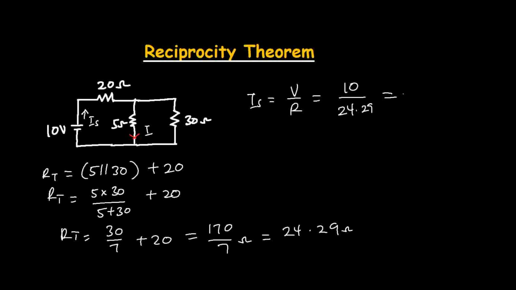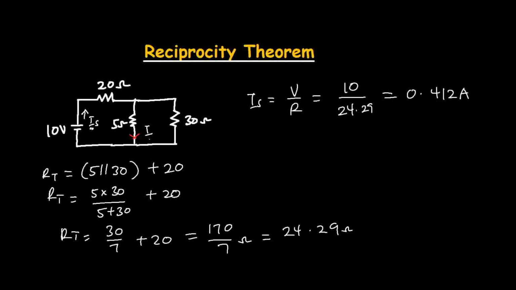So let's see the value of the source current. The source current is equal to 0.41412 amperes. So that's the source current here.